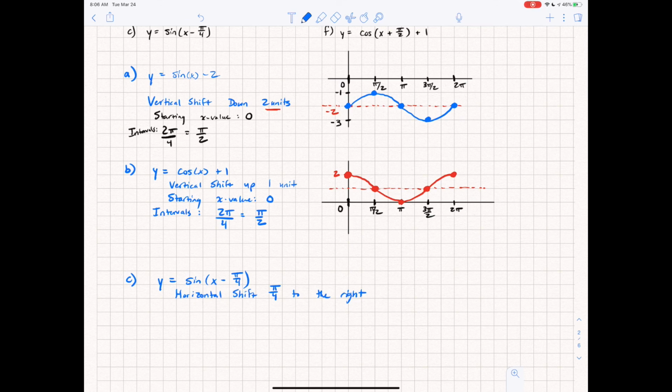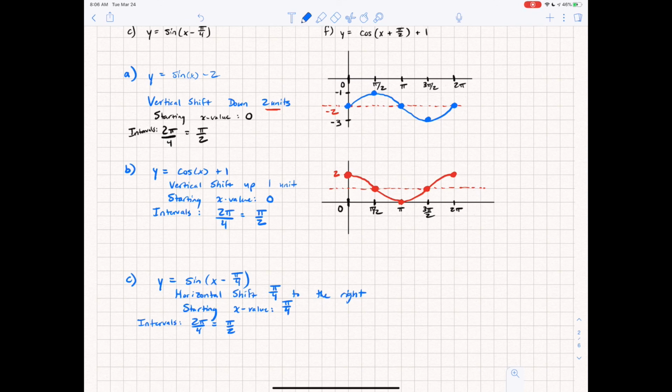So that means my starting x value, my starting dash mark is no longer at 0, but at pi over 4. Now my intervals are still going to be 2 pi over 4, which is pi over 2.